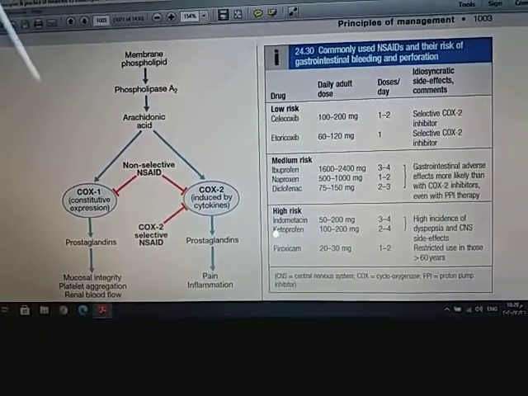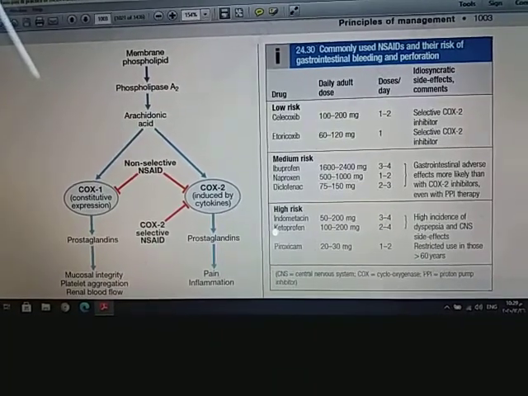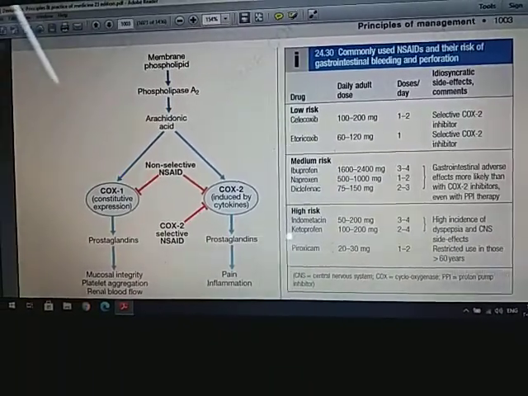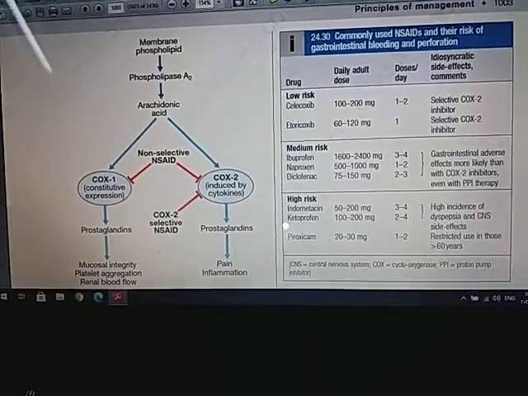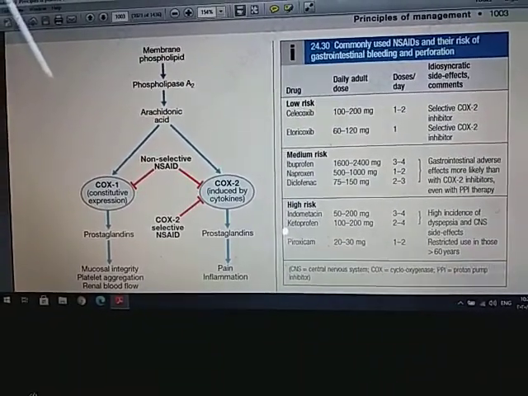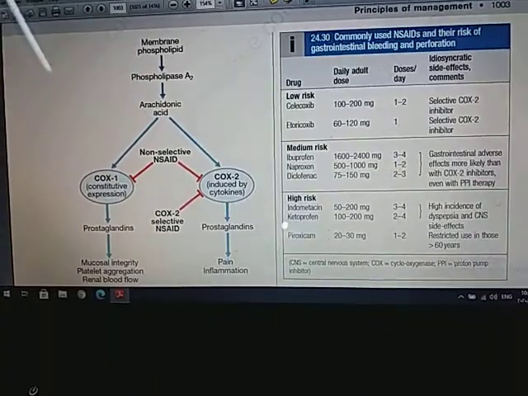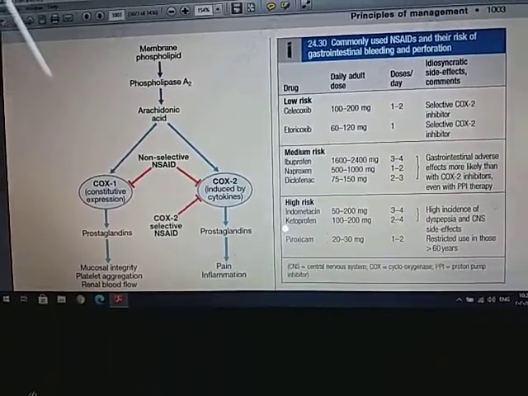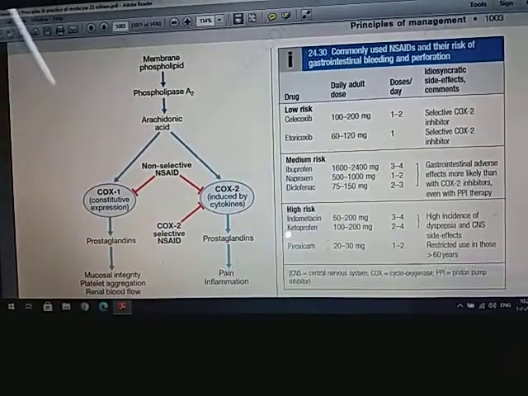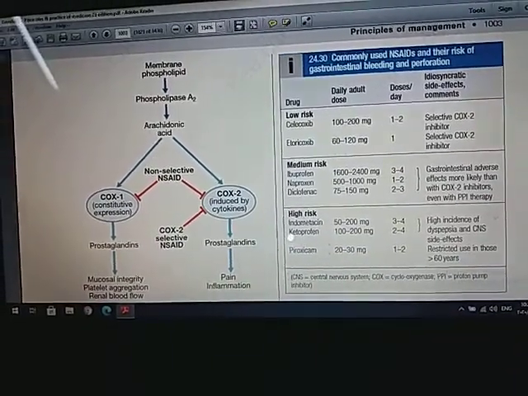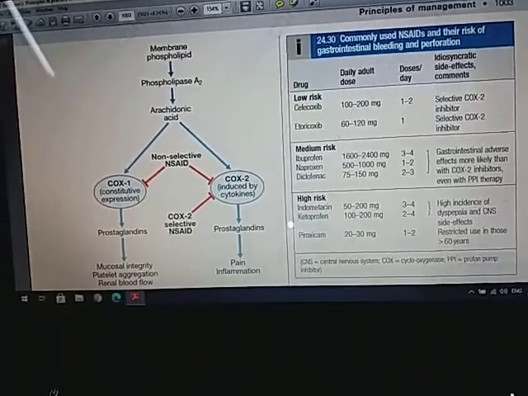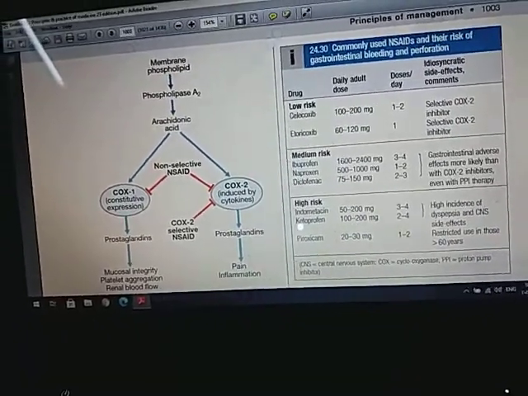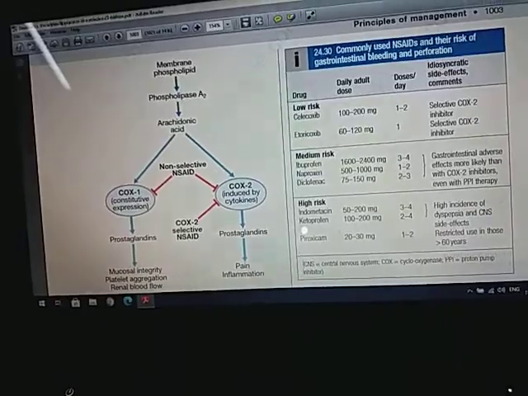Renal toxicity, in brackets analgesic nephropathy, renal impairment, skin rashes and asthma, and even anaphylactic shock, which is very rare. Non-steroidals should be used with caution in all patients.